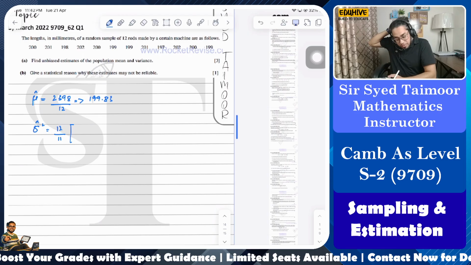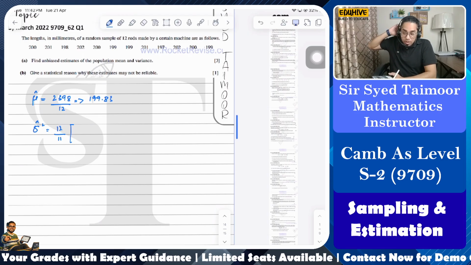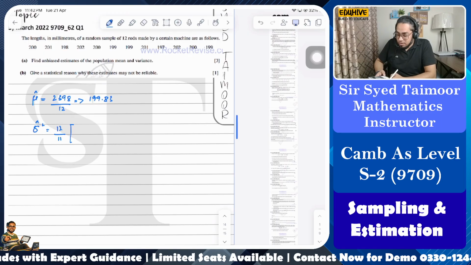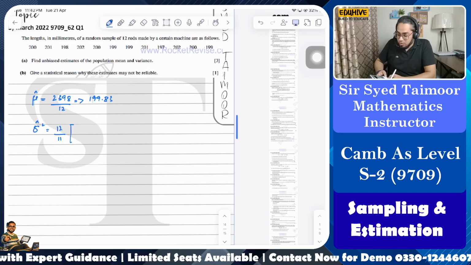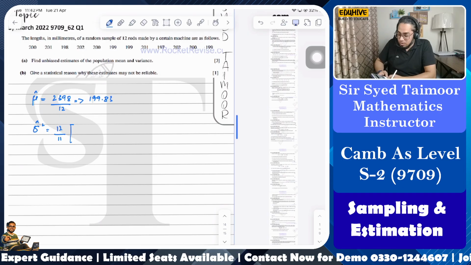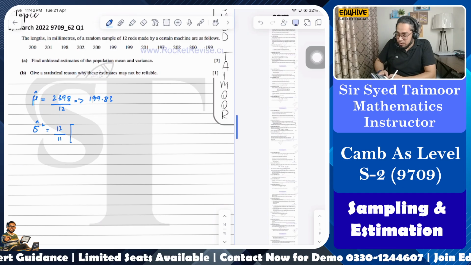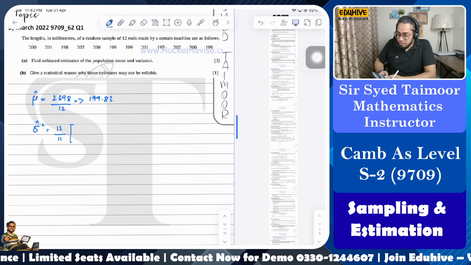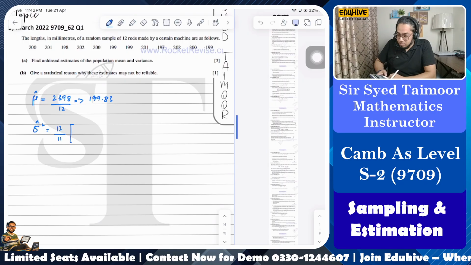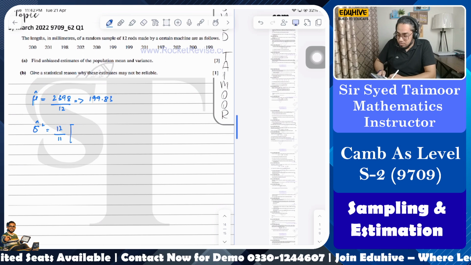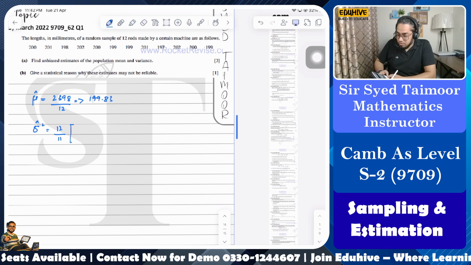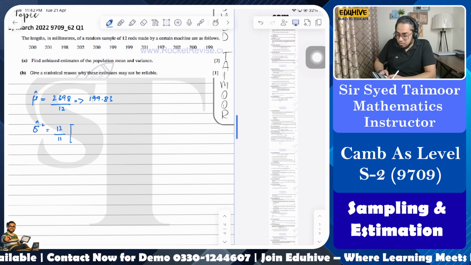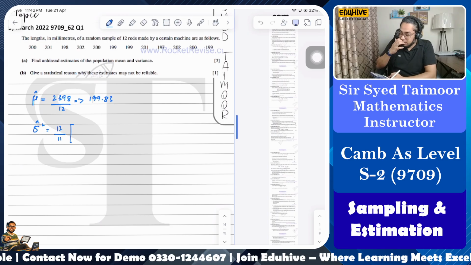Yeah, press 1. Okay. Now store the values one by one: 200 equal to, 201 equal to, 198 equal to, and keep on storing all the values. And 12 values are stored.